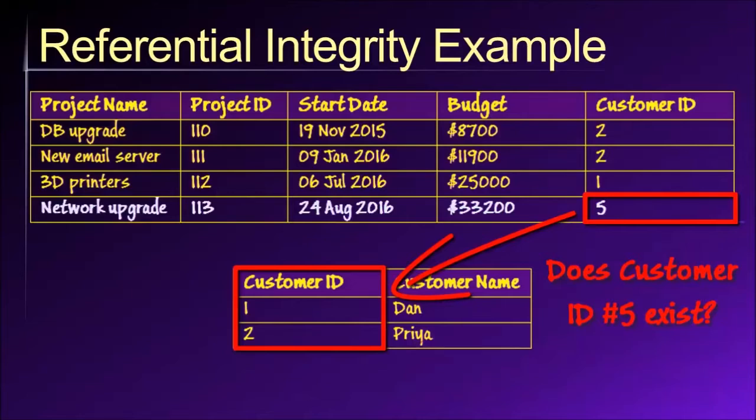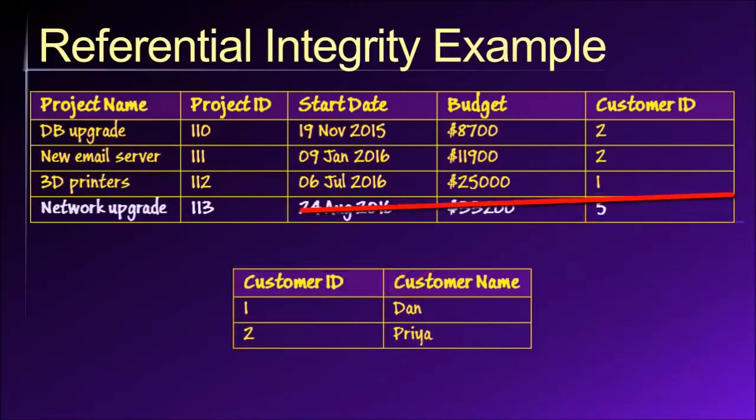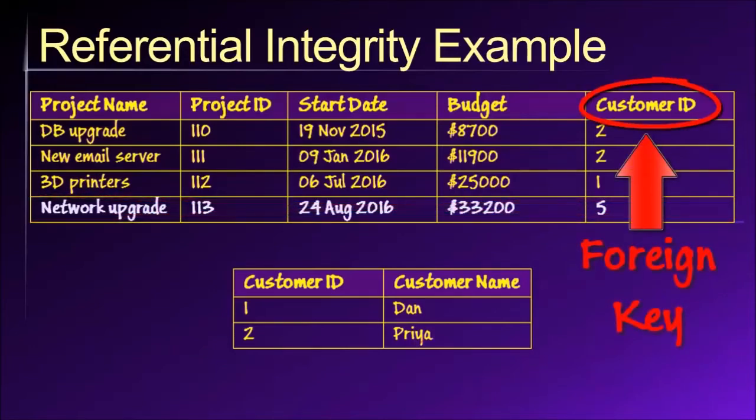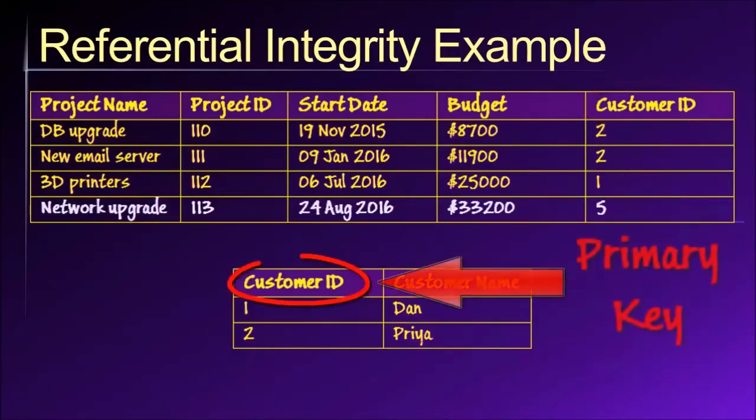If customer ID number 5 does not actually exist in the customer table, then the database will not allow me to add the new project. Note here that customer ID in the project table is acting as a foreign key, whereas customer ID in the customer table at the bottom is the primary key.